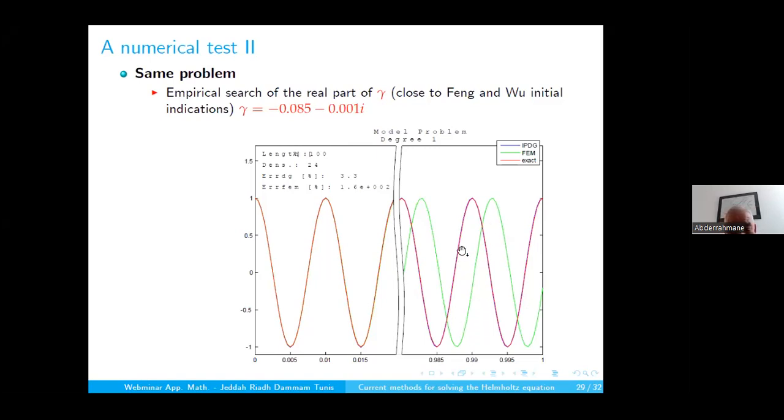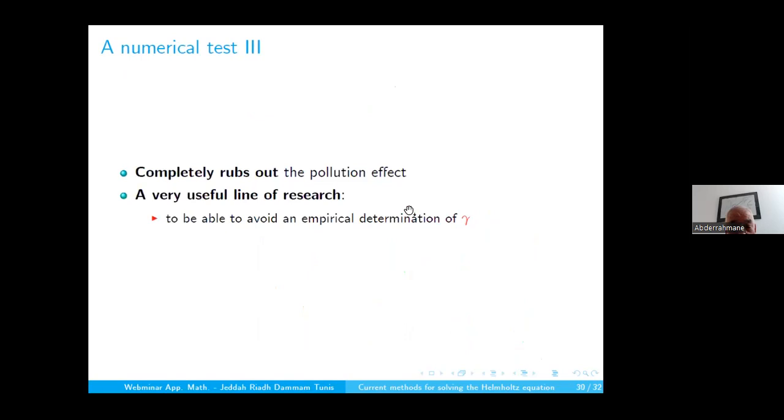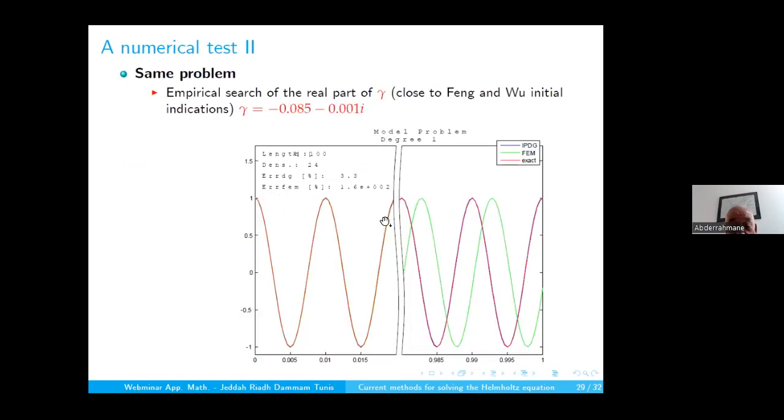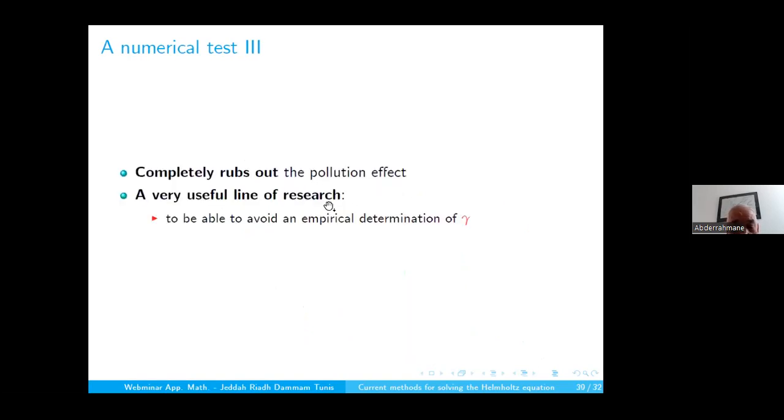You see the pollution error, that is the phase error, and the IPDG method coincides with the exact solution. So by adequately choosing the right value of the gamma parameter, the penalty parameter of the derivative, you completely rub out the pollution effect.